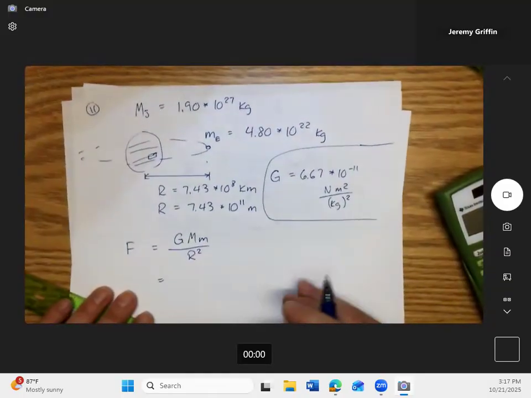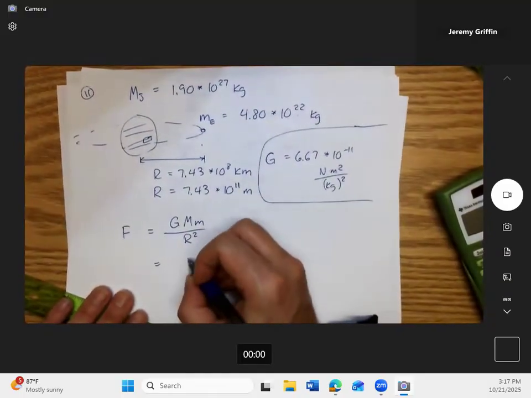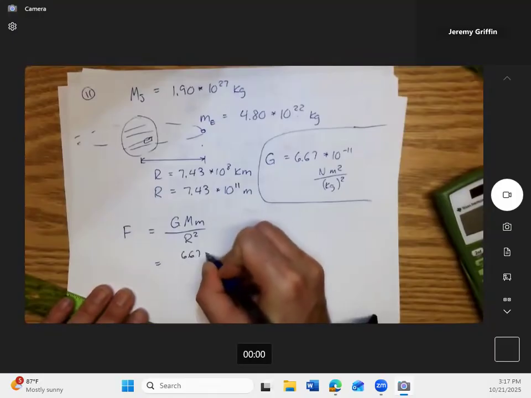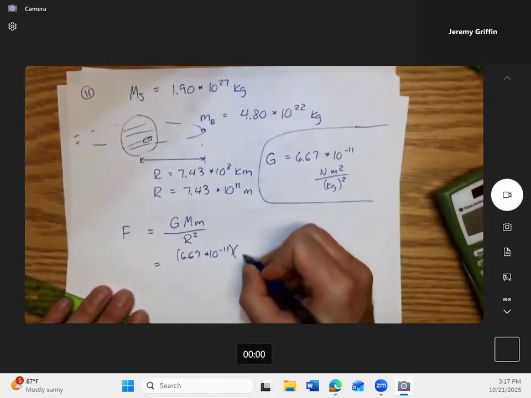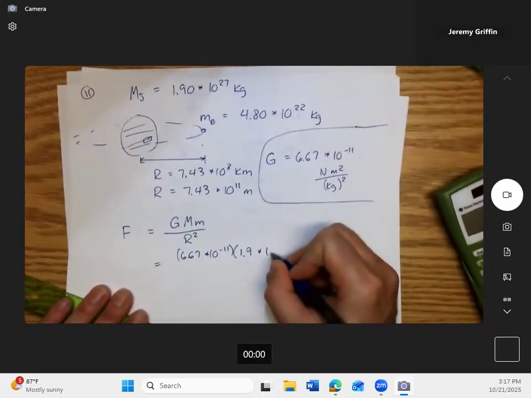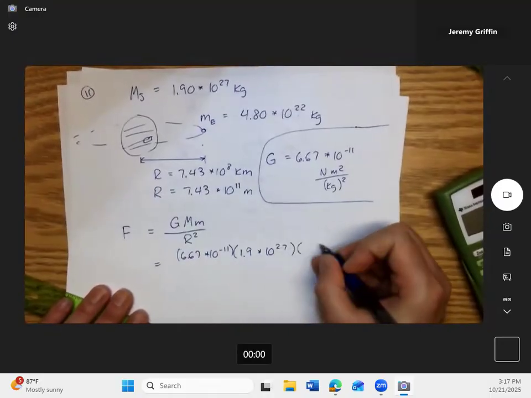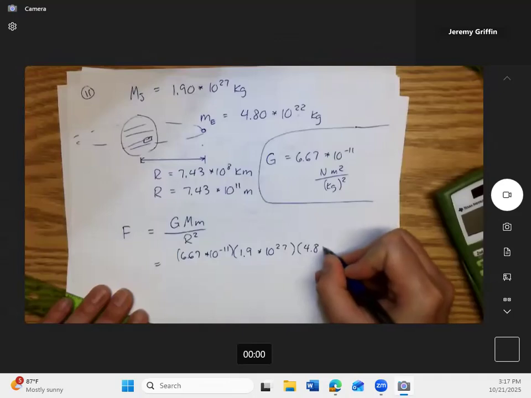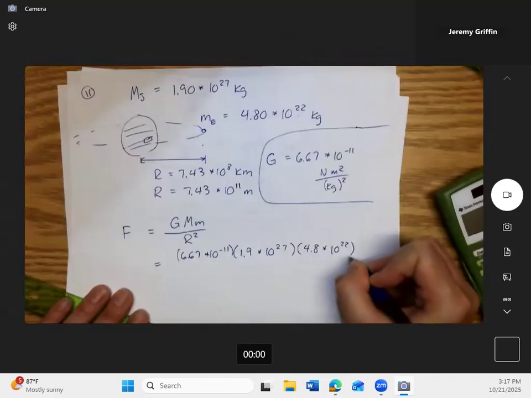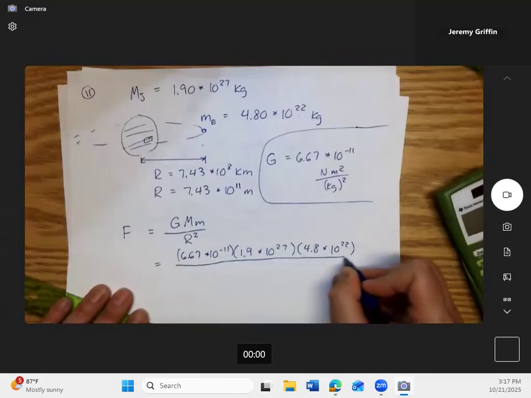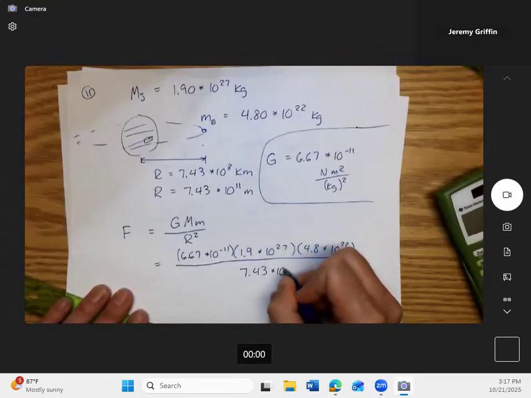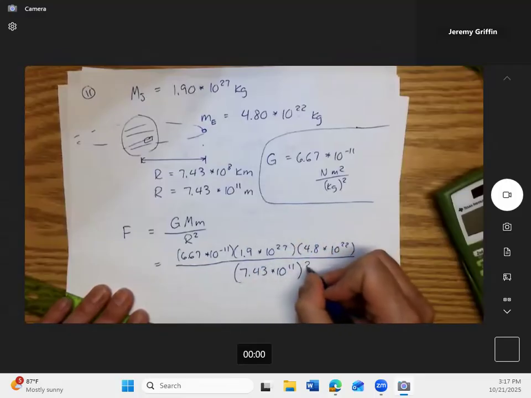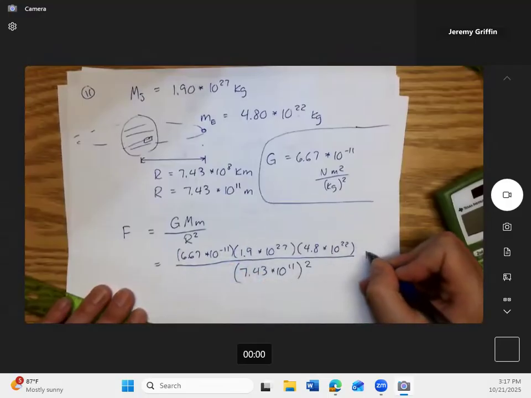Okay. It's time for a calculator test. I see you guys can plug this in your calculator. And this is some number of newtons, right?